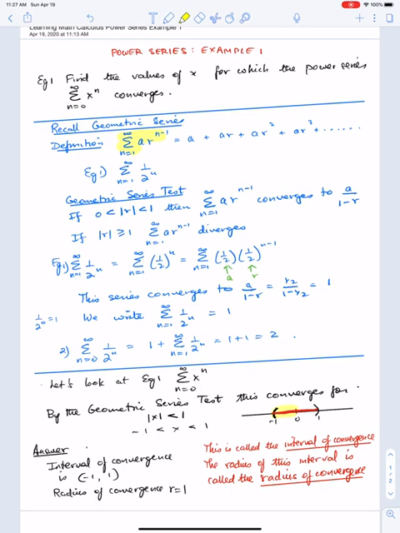So the question here is: find the values of x for which the power series x to the n converges. We reviewed geometric series because this is really a geometric series, and the solution actually ended up being very short comparatively. It's actually the only one that's so short.